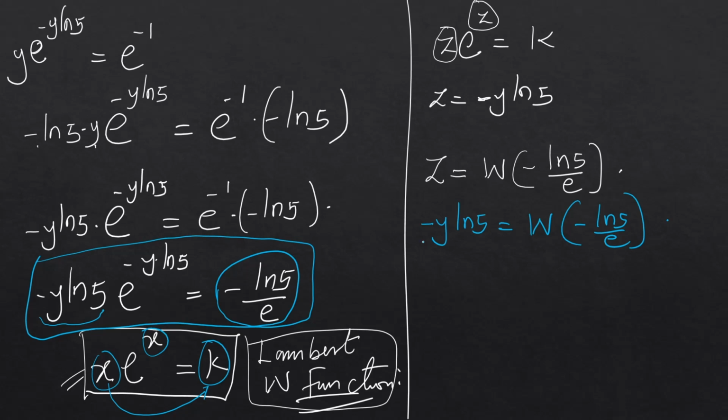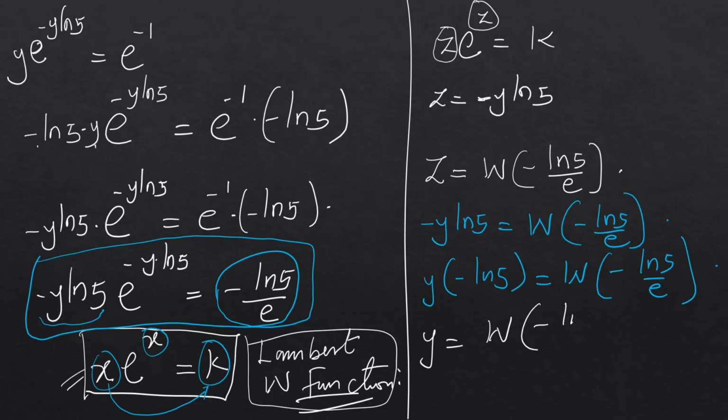So I'm going to say y times minus ln 5 is equal to the W function of minus ln 5 over e. Good. That simply means y is equal to the W function of minus ln 5 over e, divided by minus ln 5.